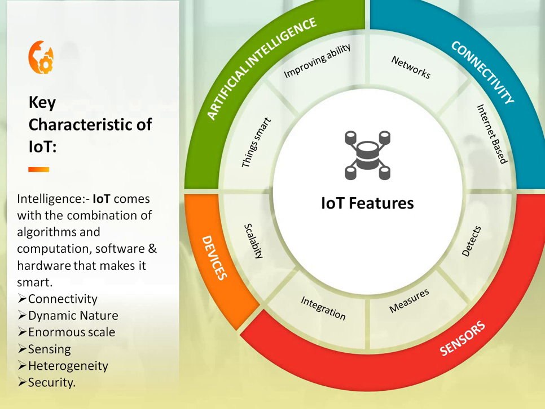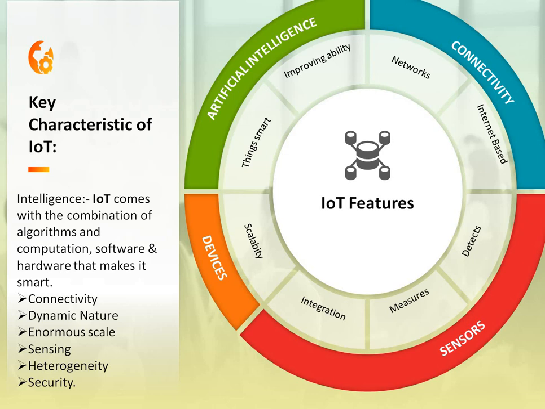We need connectivity, and it should be a wireless network. Most IoT devices work with wireless network connectivity. And then sensors. Some devices have built-in sensors that access the data, detect and measure, so everything inside the sensor you can access.